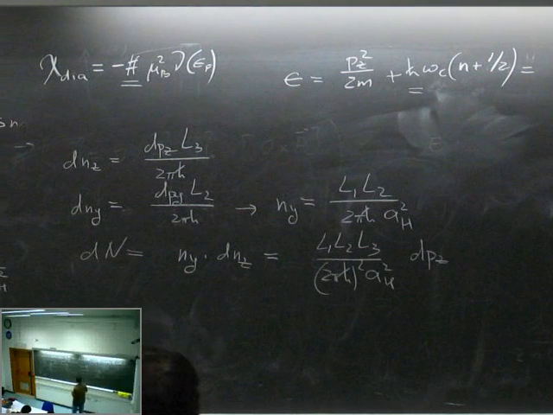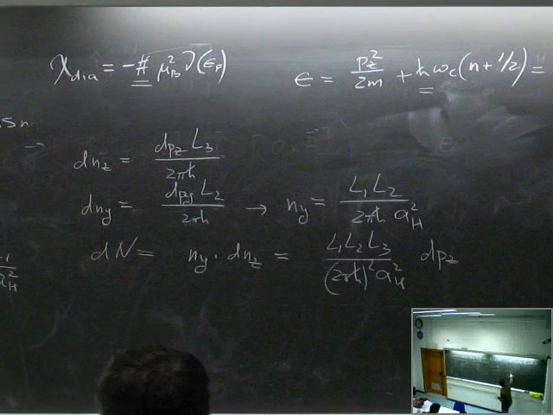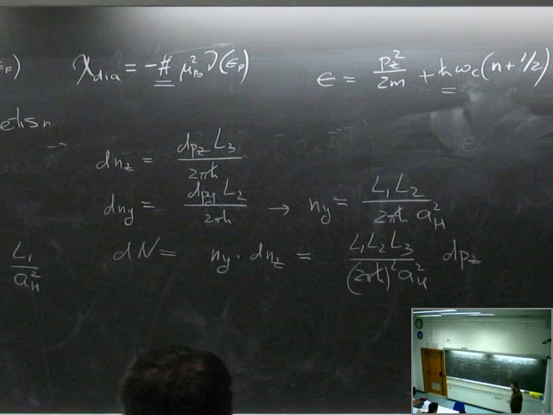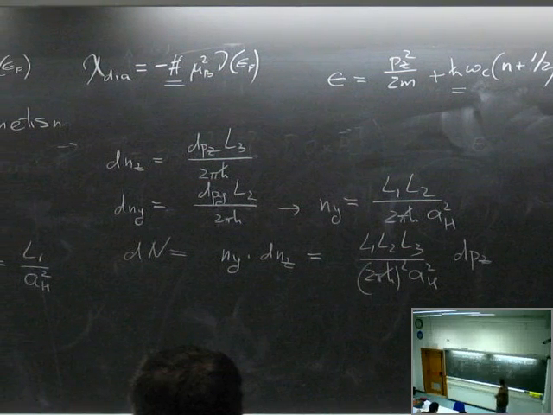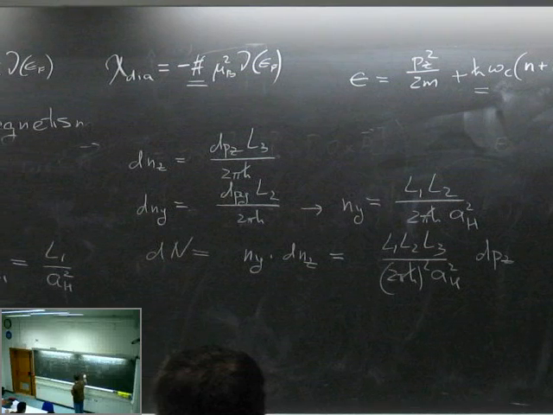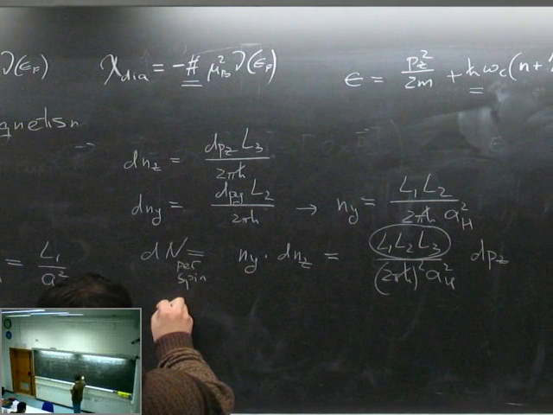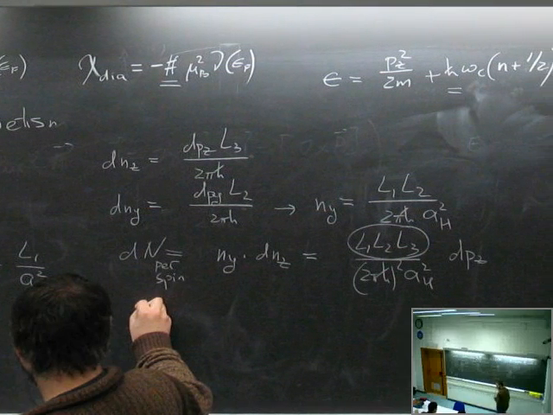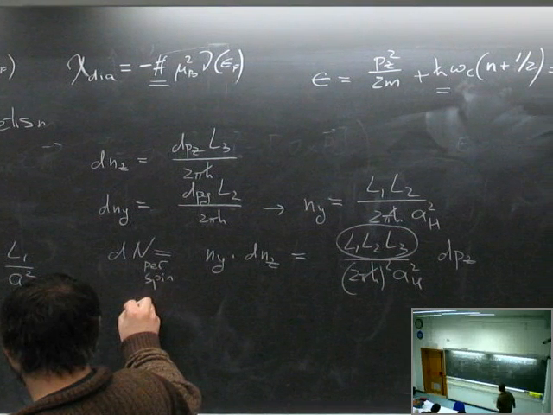Therefore, for the density of states, you see that this is volume. So this is dN per projection per spin, and total dN is twice as large. So now I recall that I have a spin.